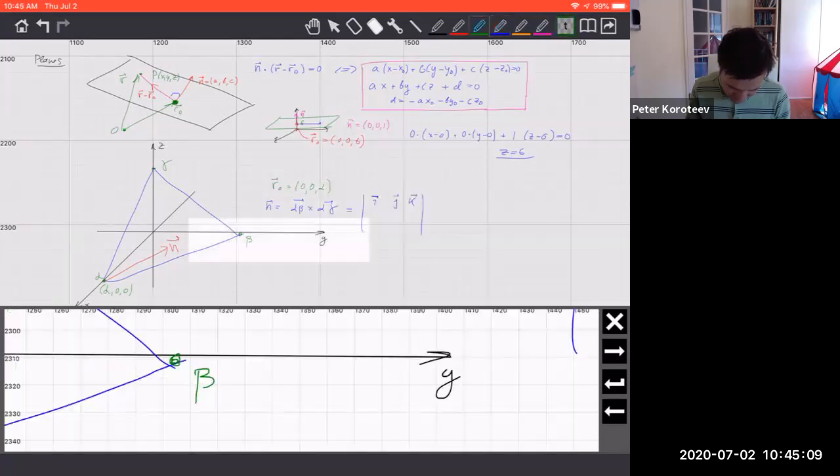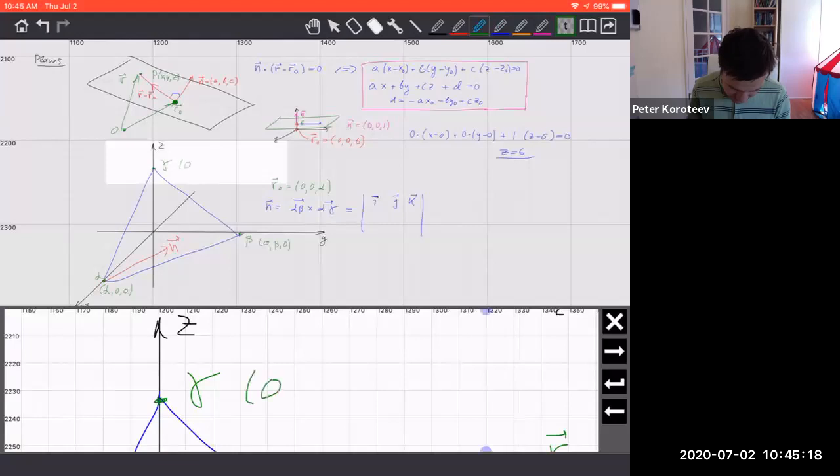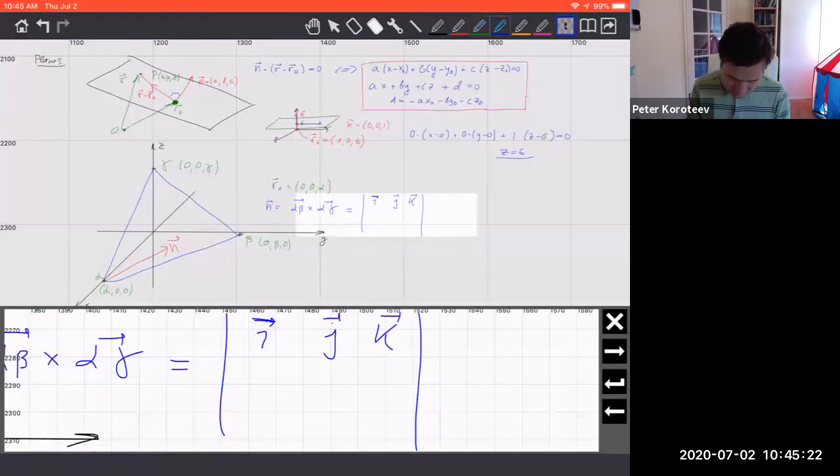Alpha is alpha, 0, 0, beta is 0, beta, 0, and gamma is 0, 0, gamma. What should I write in the second and third lines of the matrix?